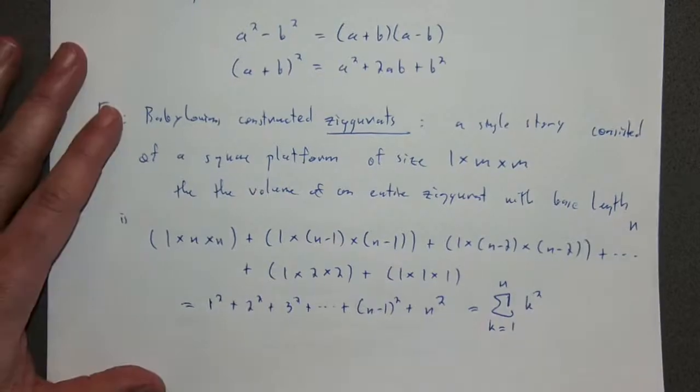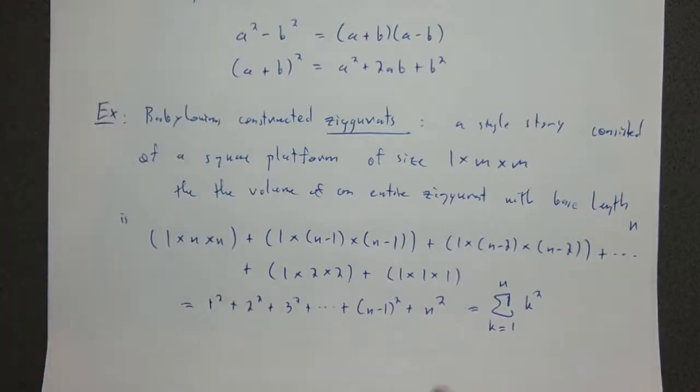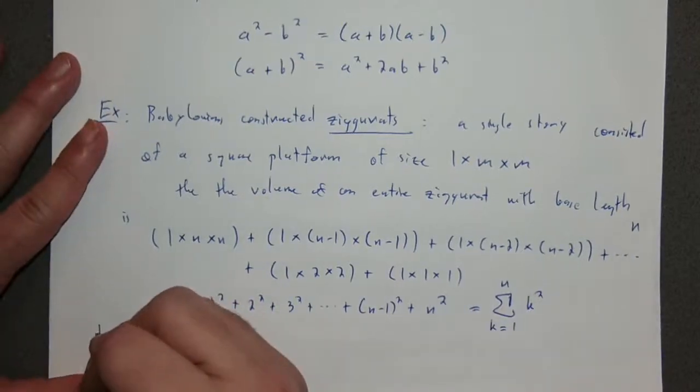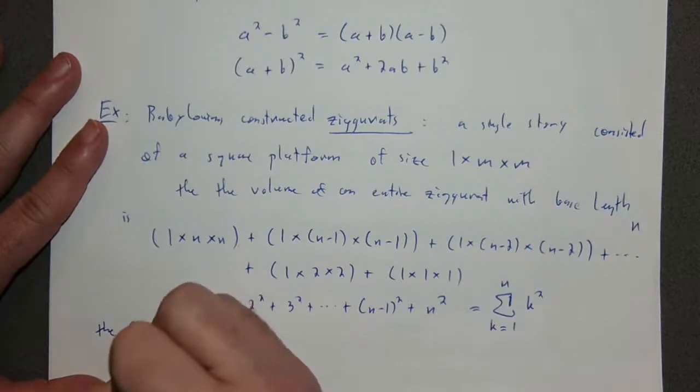So this sum computed the volume of a ziggurat, and the Babylonians knew that there was a shortcut for this sum. So the Babylonians knew the shortcut formula.